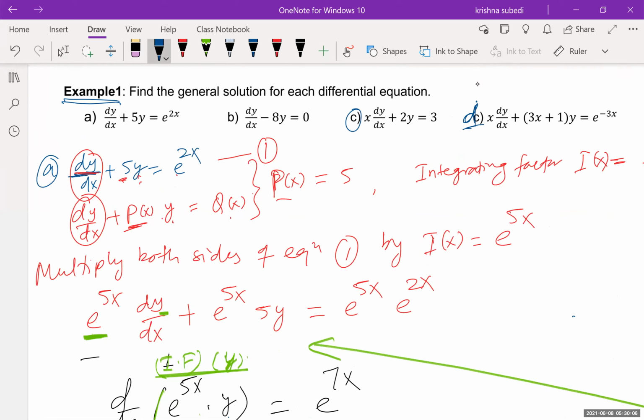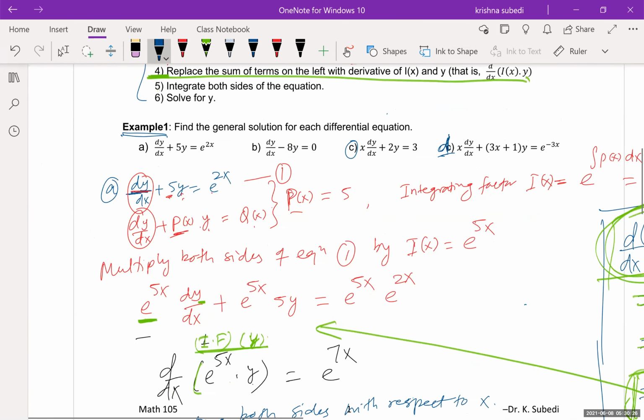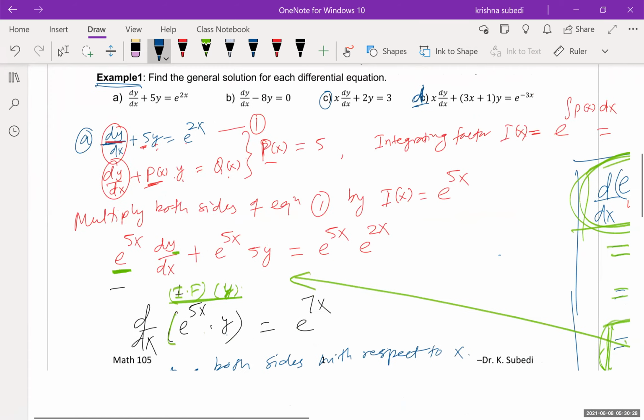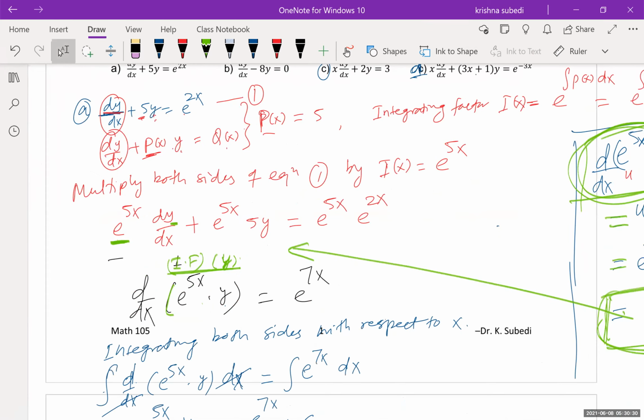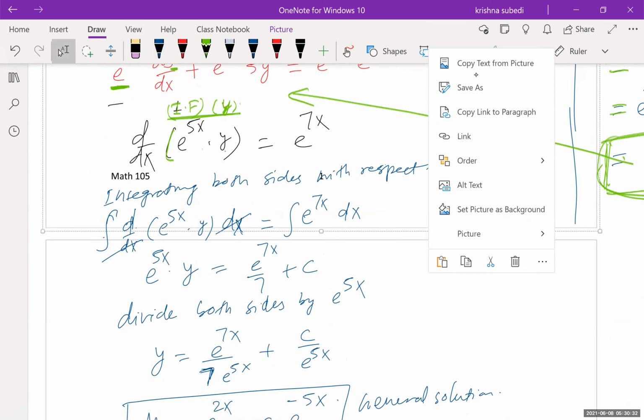Let me know which one you want me to do, and the remaining you have to do, okay? Okay, part D. So let's try part D then, that's okay. Let me just copy.